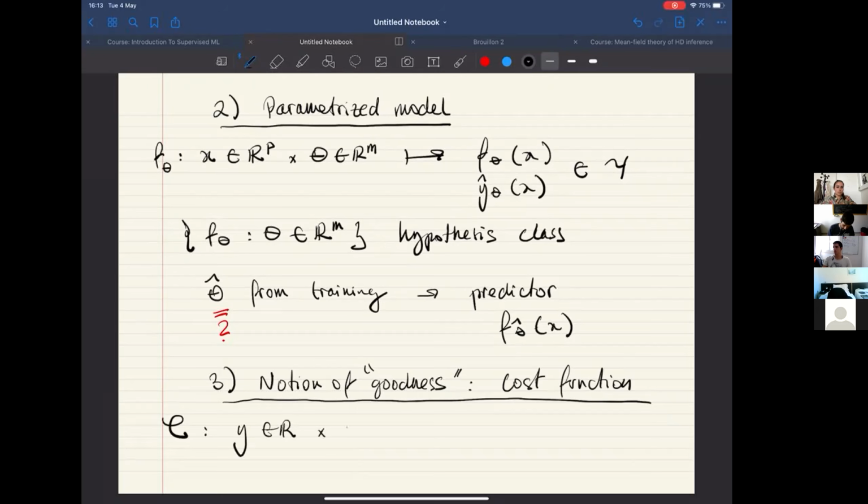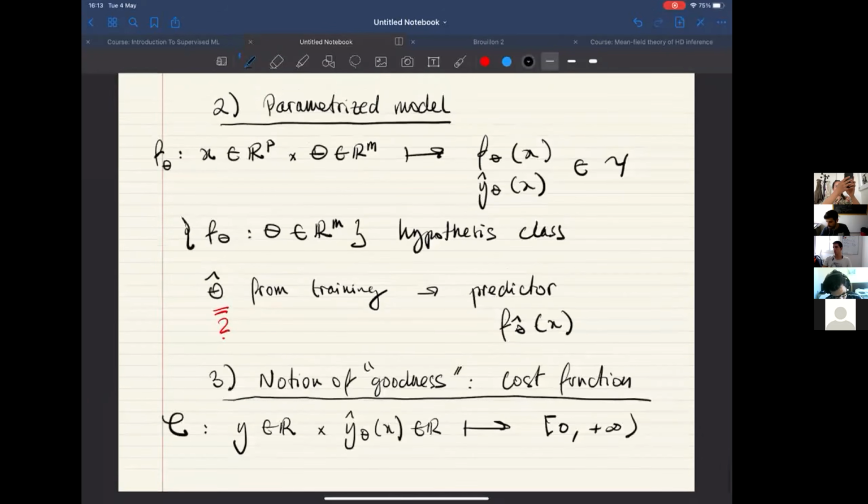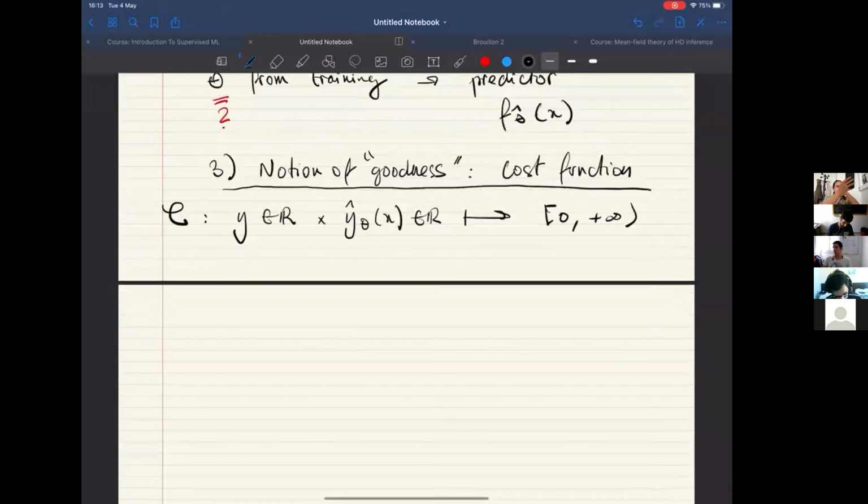And our prediction, according to the current model theta, and it spits out a number which is non-negative, okay? And this number is denoted like this.